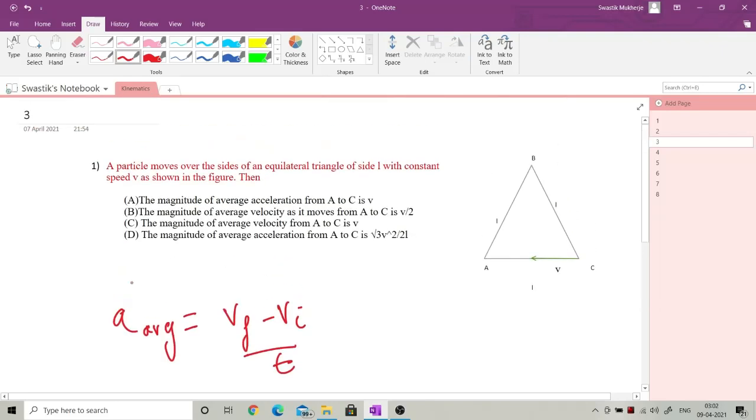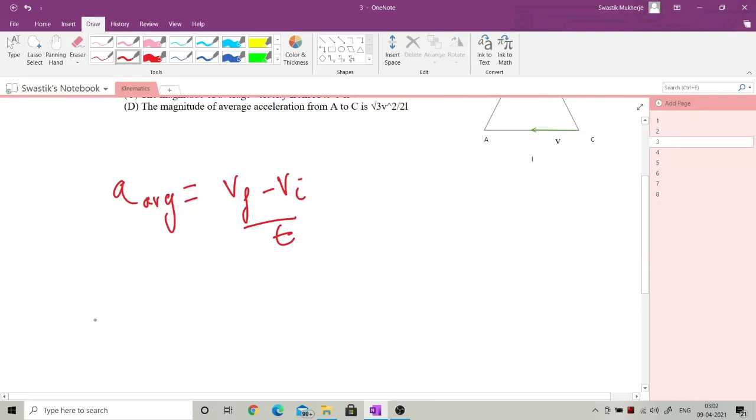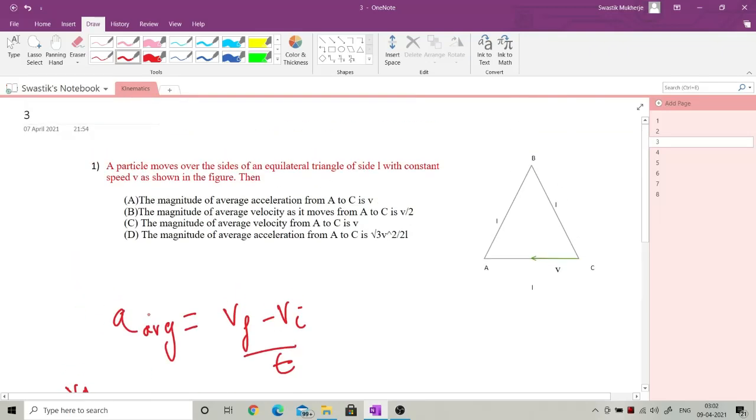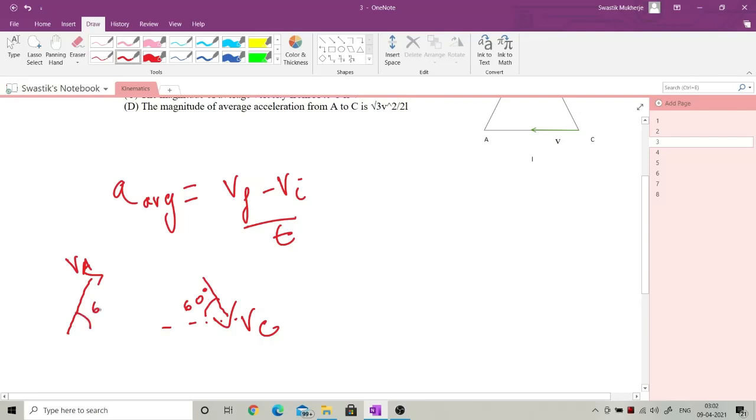It is from A to C, so the final velocity is Vc, this angle being 60 degrees, and the initial velocity Vi, you can see is 60 degrees also, this angle. So what they want is V final minus V initial by T. This is the average acceleration.